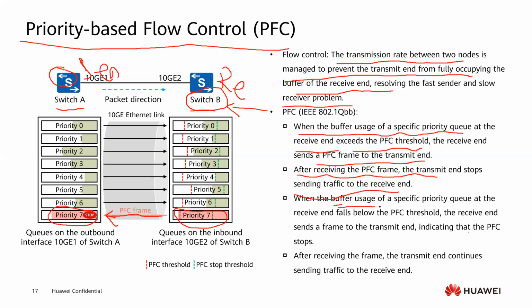And when the buffer usage of a specific priority queue at the receive end falls below the PFC threshold, the receiver end sends a frame to the transmitter end, indicating that the PFC stops. Here we can see two thresholds. One is the PFC threshold, one is the PFC stop threshold. Okay, so what is the PFC stop threshold?